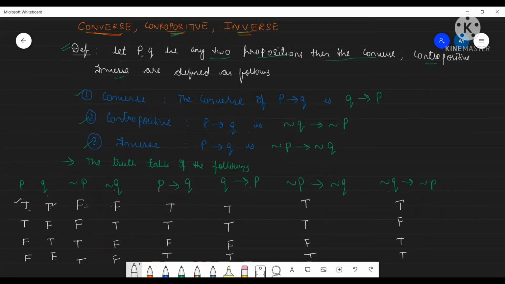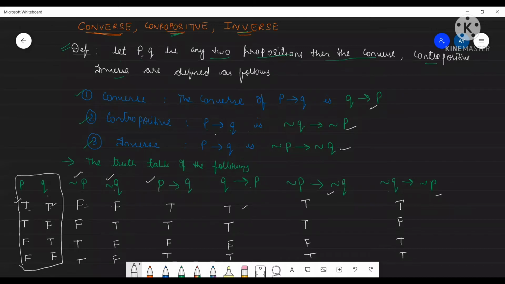We just made a truth table based on these two columns: true, true, true, false, false, true, and false, false. We took negation P, negation Q, then P implies Q, and then we took contrapositive, converse, and inverse. Now, everyone observe the contrapositive, converse, and inverse truth values.